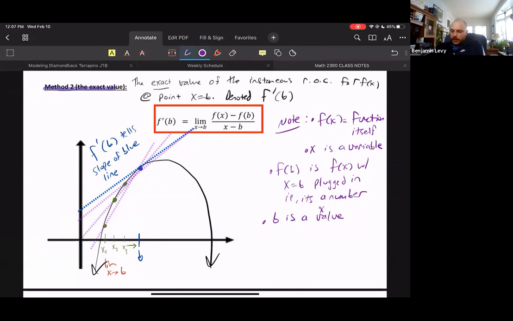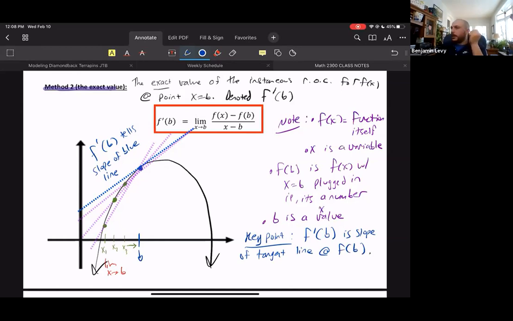And that's the key point that is said throughout, but really can't emphasize it enough, is that when you take the derivative of a function and you plug a point in, it'll tell us the slope of the tangent line at f of b.